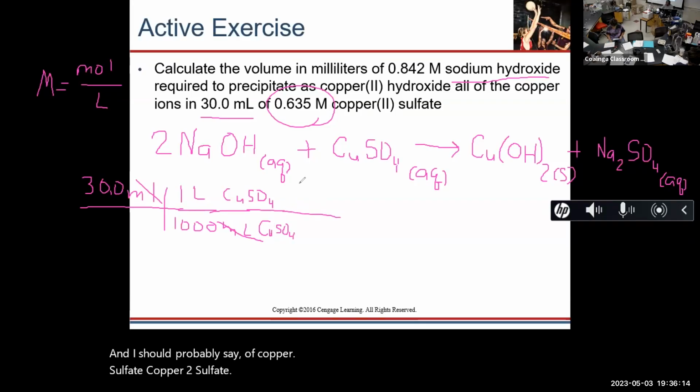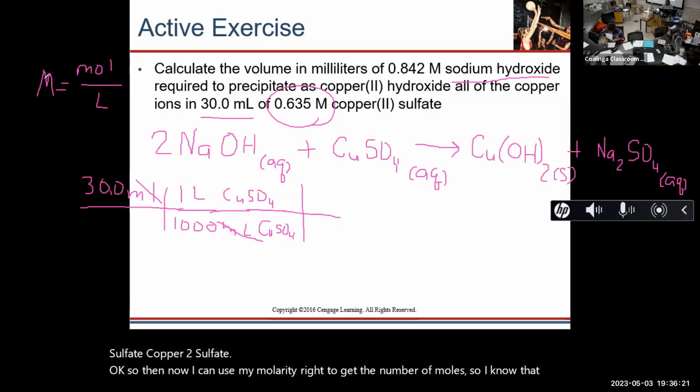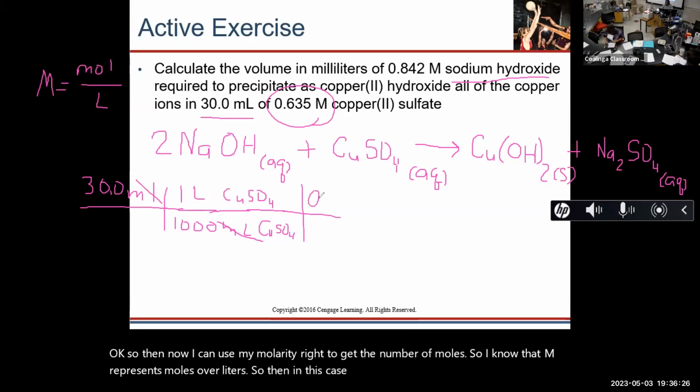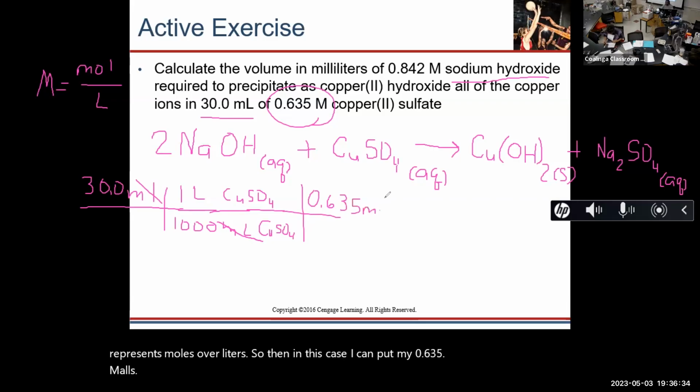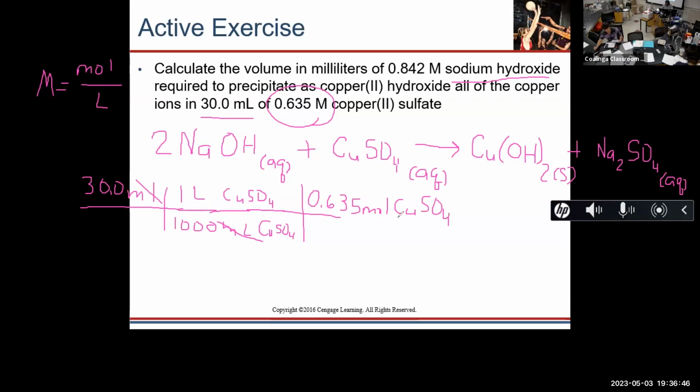Okay, so then now I can use my molarity, right, to get the number of moles. So I know that M represents moles over liters. So then in this case, I can put my 0.635 moles over 1 liter.